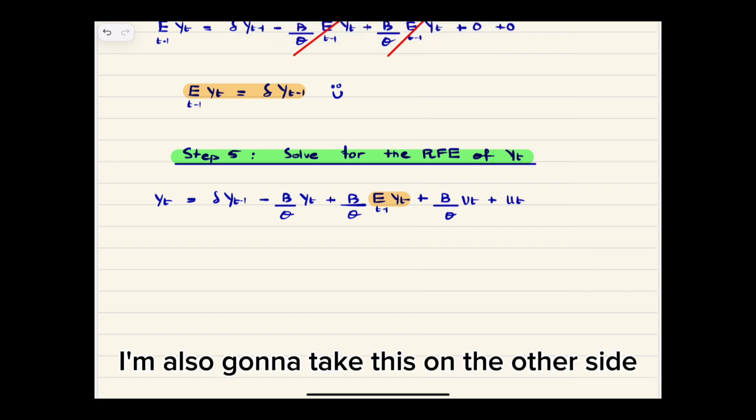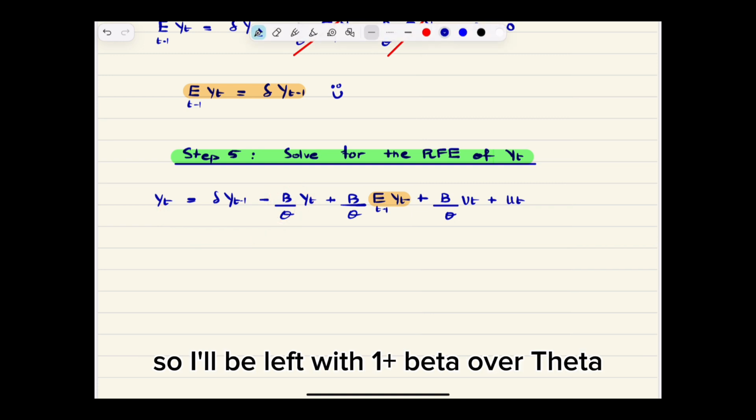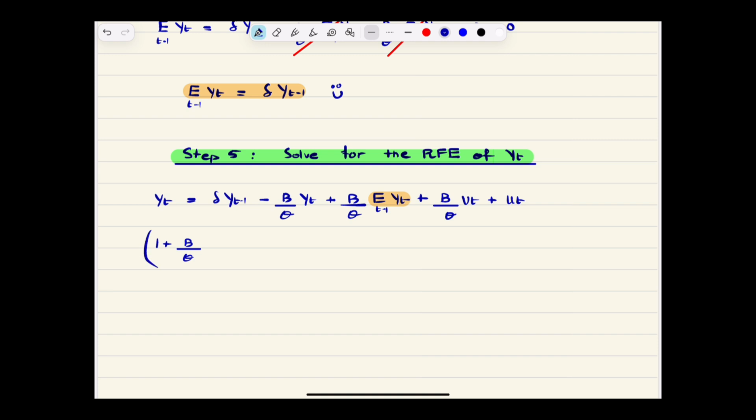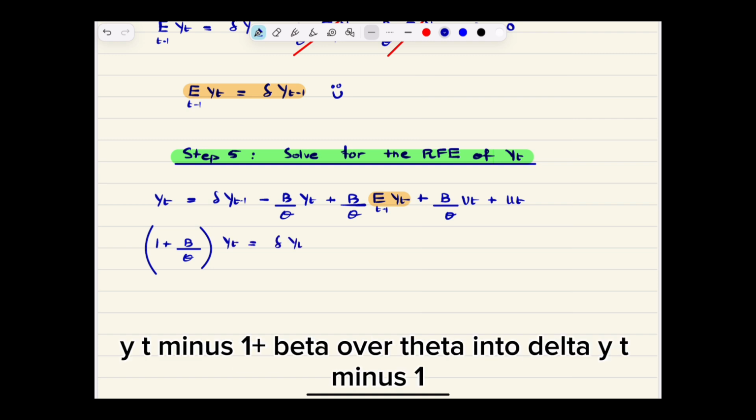I'm also gonna take this on the other side. So I'll be left with 1 plus beta over theta into y_t. And then I have a delta y_{t-1} plus beta over theta into delta y_{t-1}.